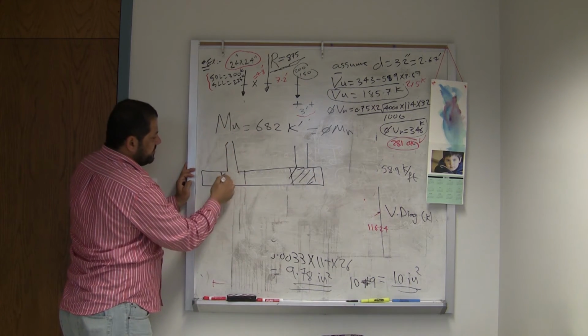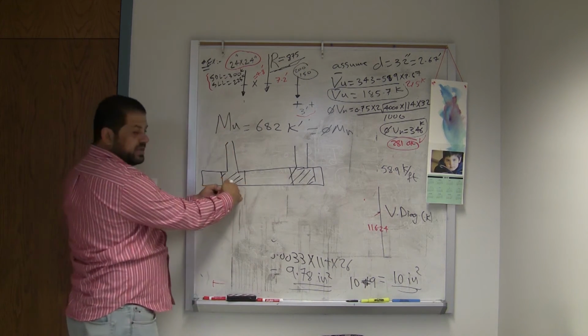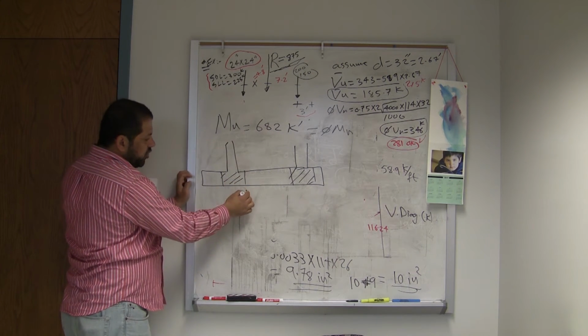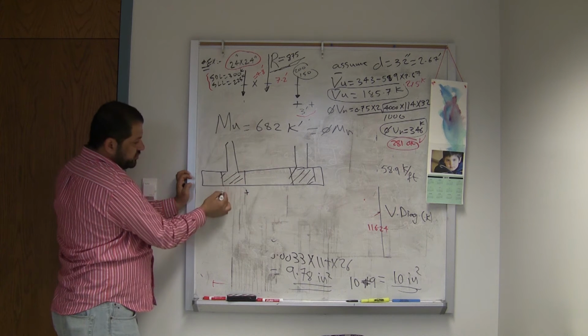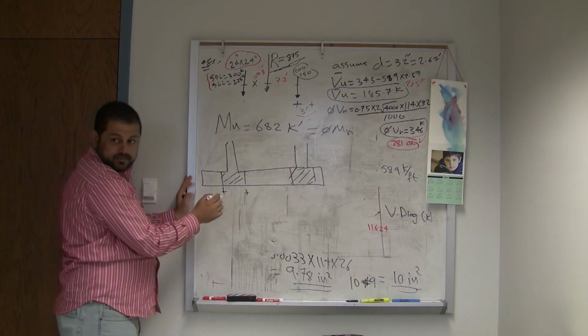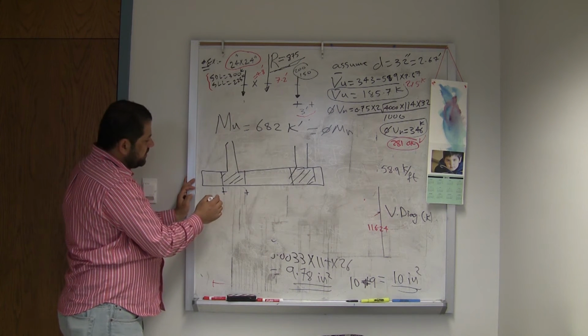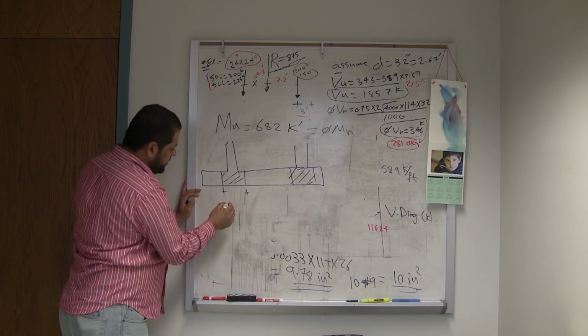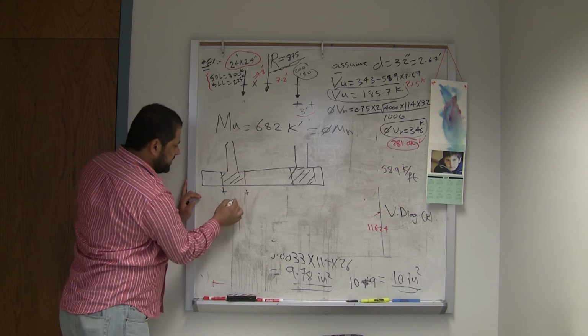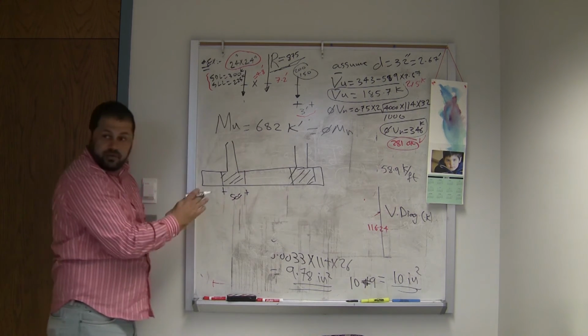We assume there should be a strong beam under the column over a distance d over 2 from here and d over 2 from here. That's the width of the beam. It will be the same as b naught, for the punching, you mean? Yes. So this one will be d over 2 and d over 2, and this is 2. This will be 50 inch, the width of that beam.